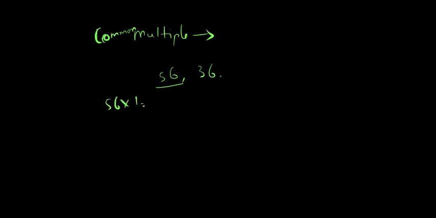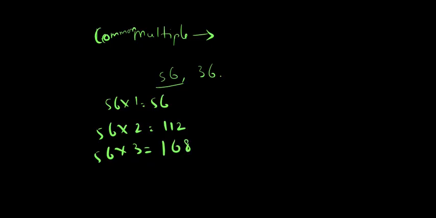56 ones are 56. 56 twos are 112. 56 threes are 168. 56 fours are 224. 56 fives are 280, like that.